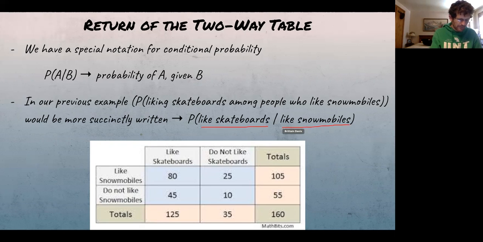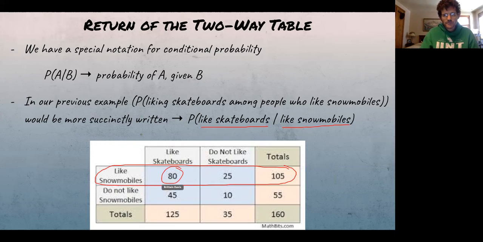And that was the one that we looked at before. Given that someone likes snowmobiles, what's the probability that they like skateboards? So that notation will be good for you to be aware of.